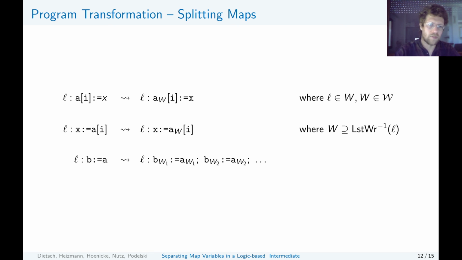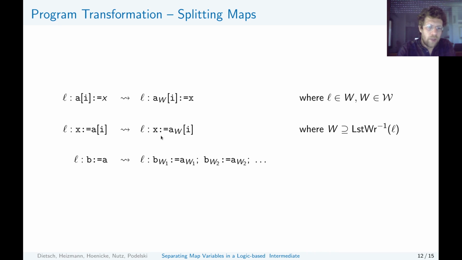Our program transformation will take, for each array map update statement, the write block that the array update is in and use a fresh map variable that's associated with that write block. Each write block gets its own map variable, AW.